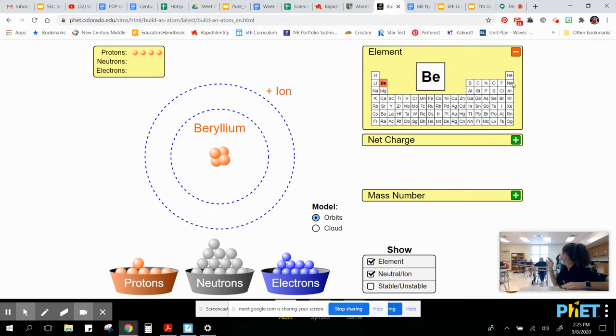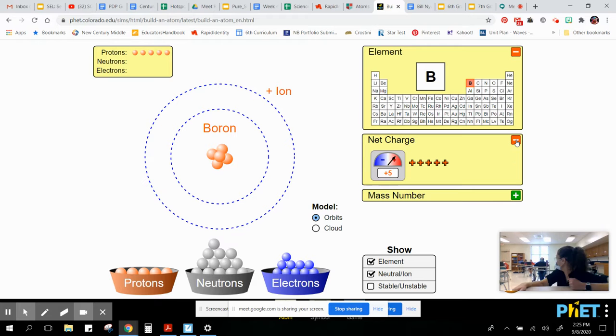And they're in order by atomic number, which is also the number of, what did I just say? The number of what? Protons, thank you, the number of protons. So if I add a 5th proton, it's going to be which element on the periodic table? Boron.